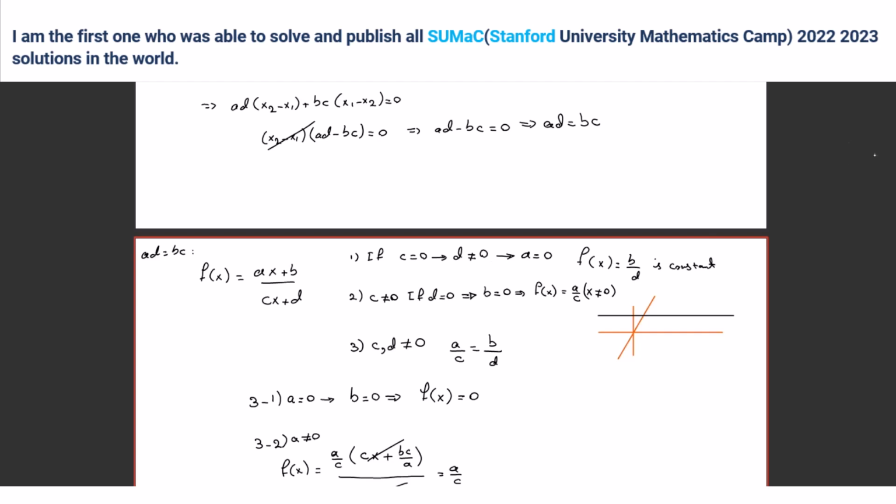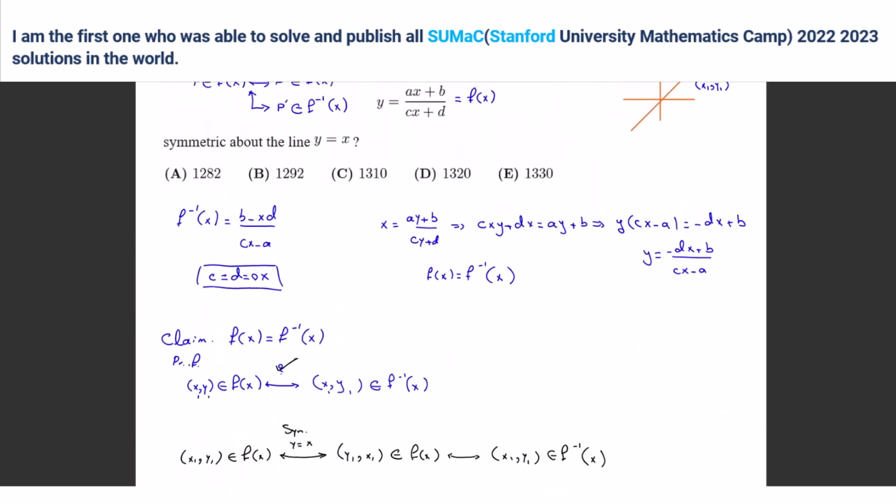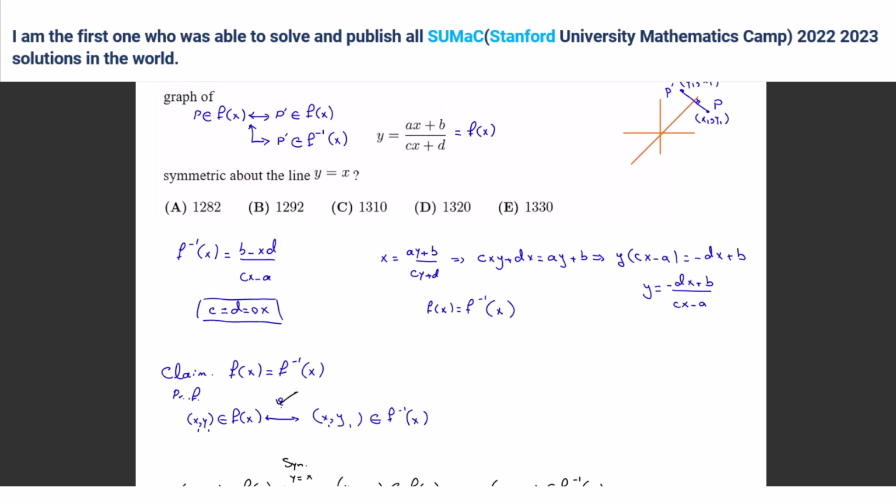Okay. Now that we know these things, we know f of x should be equal to f inverse of x, and we found this one. We know C and D both cannot be 0, right? Because of f of x. Because of f inverse of x, which two variables both cannot be 0?